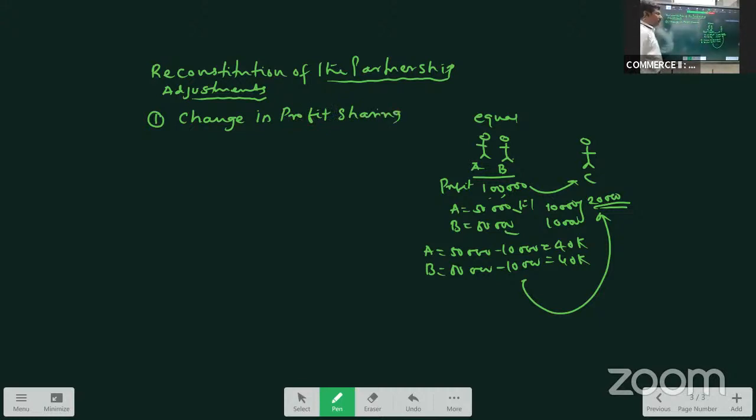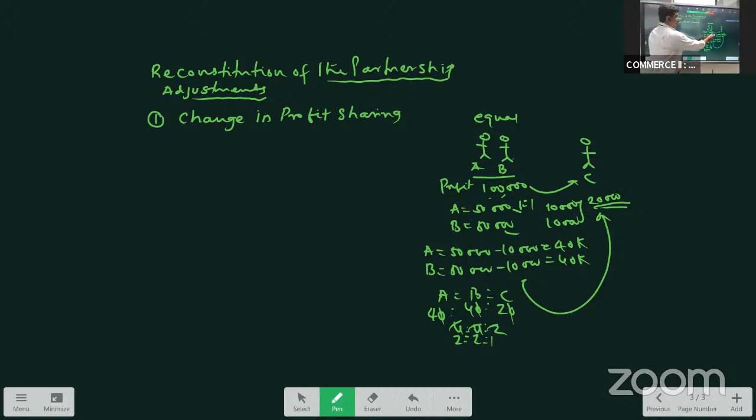If you look at the example I gave, A, B, C. After sharing with C, A was left with 40,000, B was left with 40,000, C was given 20,000. So if you calculate the ratio, it would be 4:4:2, or 2:2:1. This will be the new profit sharing ratio.